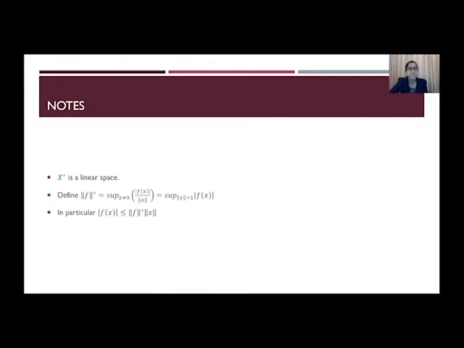And if you see by this definition, norm star f is the supremum over norm x equal to 1 of |f(x)|, so it is a supremum of all such |f(x)|. So |f(x)| will definitely be less than or equal to norm star f. So |f(x)| is less than or equal to norm star f times norm x.